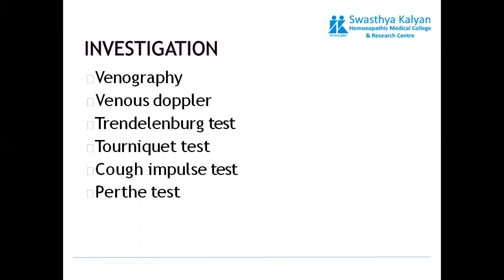But still, in order to assess the segment of venous system involved and the extent of the disease, we have a number of tests. The first one is venography, other is venous Doppler. Third is Trendelenburg test, tourniquet test, cough impulse test, and Perthes test.